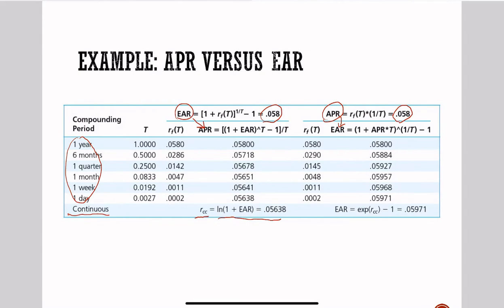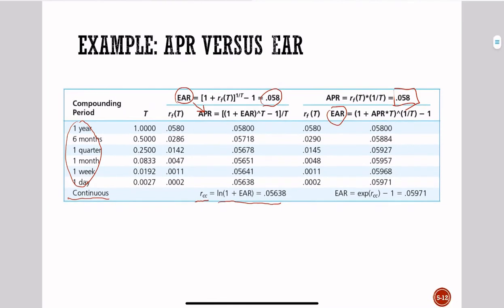Okay, maybe one comment on this. If you look at this APR here, the APR is fixed at 0.058. And if you look at these numbers, they are effective annual rates. So what you can see here is that as you compound more, these numbers actually increase.